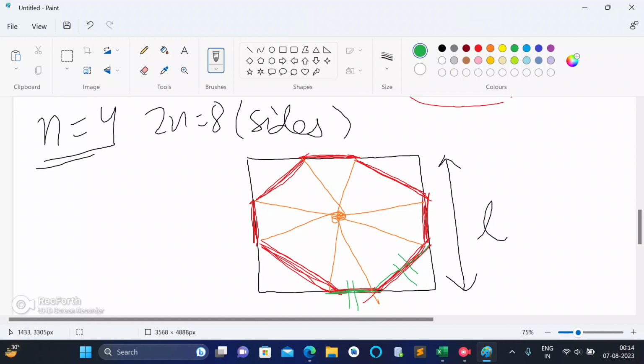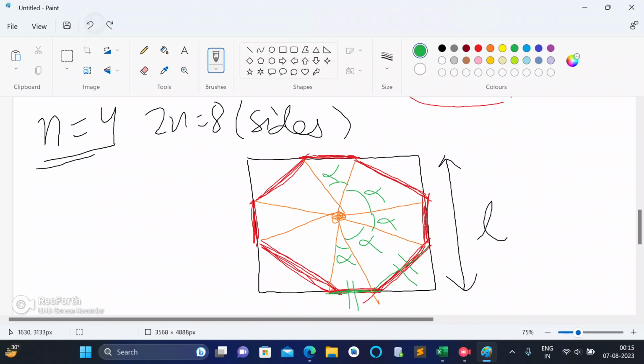If all the lengths are equal, then we know by the property that they subtend equal angles at the center. It means this angle is alpha and this angle is also alpha. Because these two sides are equal, the angle subtended by them at the center would be equal, therefore both the angles would be alpha. In the similar fashion, all the angles would be alpha.